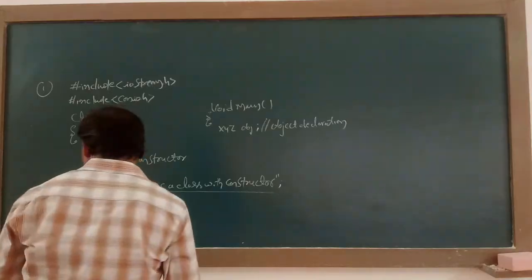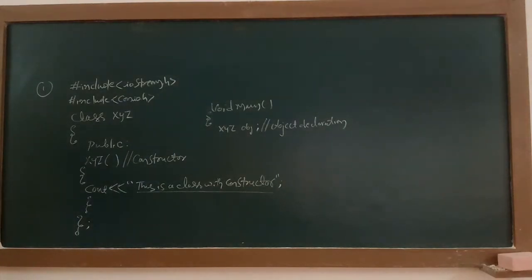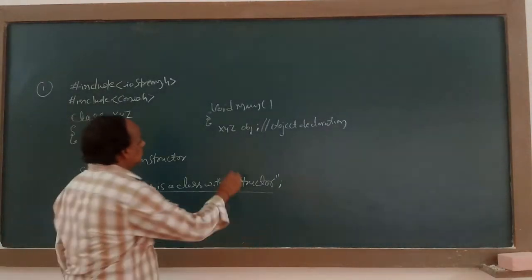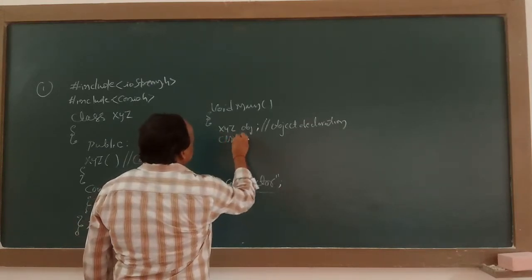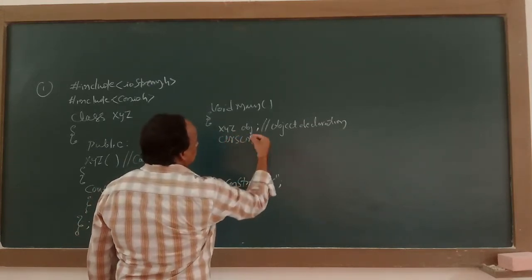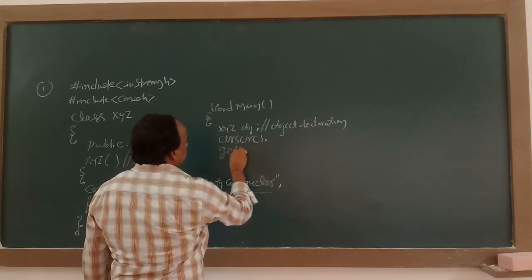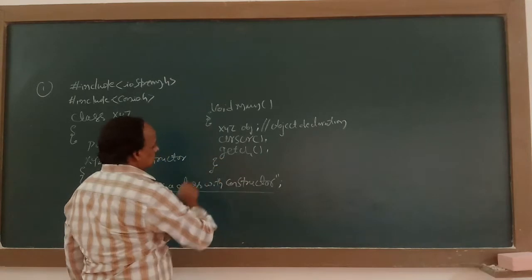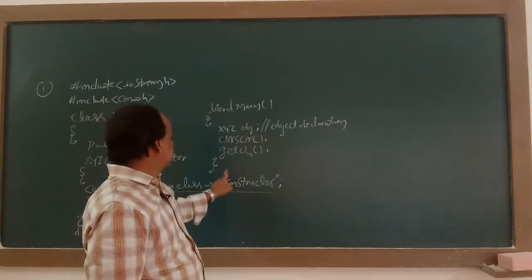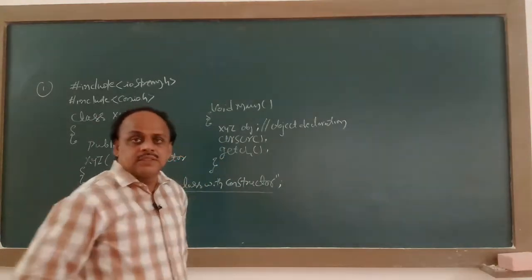See here, I have declared an object, and I am writing clear screen and the get function, and I am closing the main function, right? Then what happens?